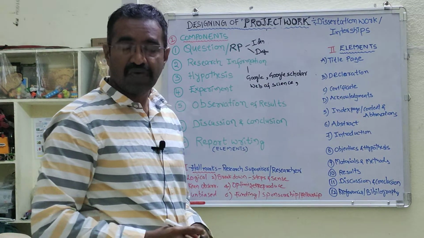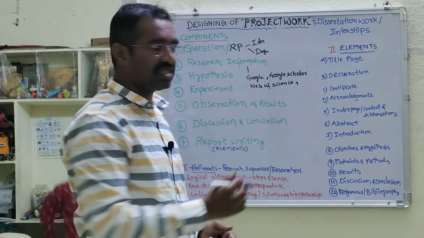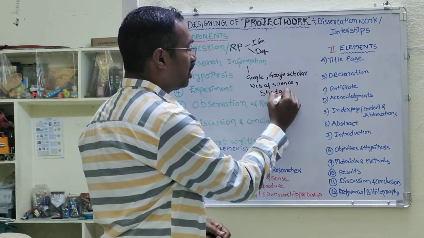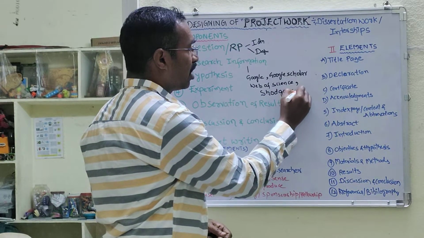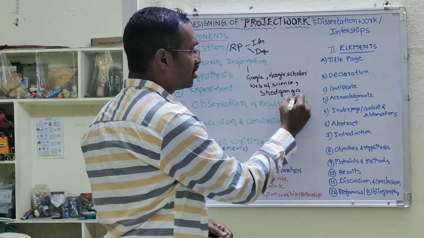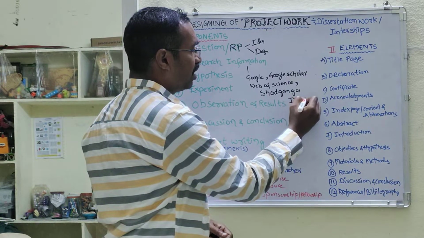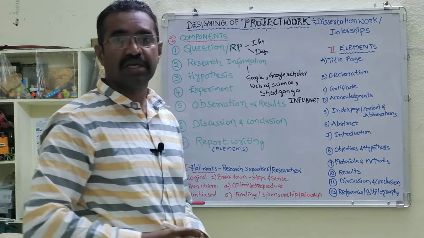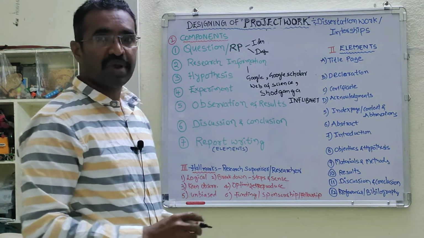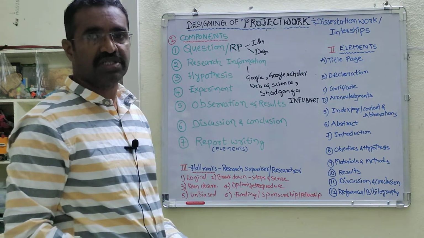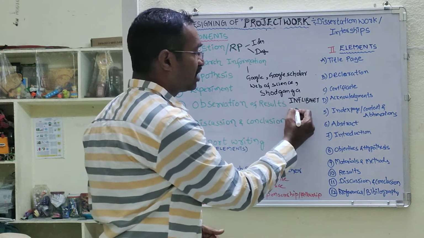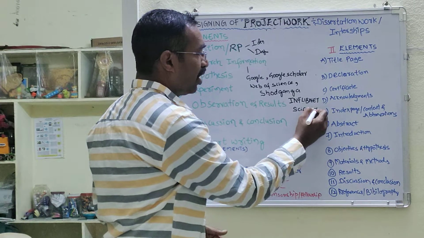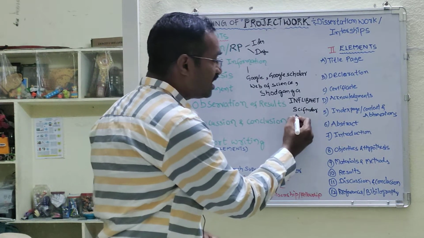Not only this, nowadays there are several resources such as Shodhganga and INFLIBNET. These are academic journals. Apart from that, there are also other private search engines such as SciFinder and also Sci-Hub.